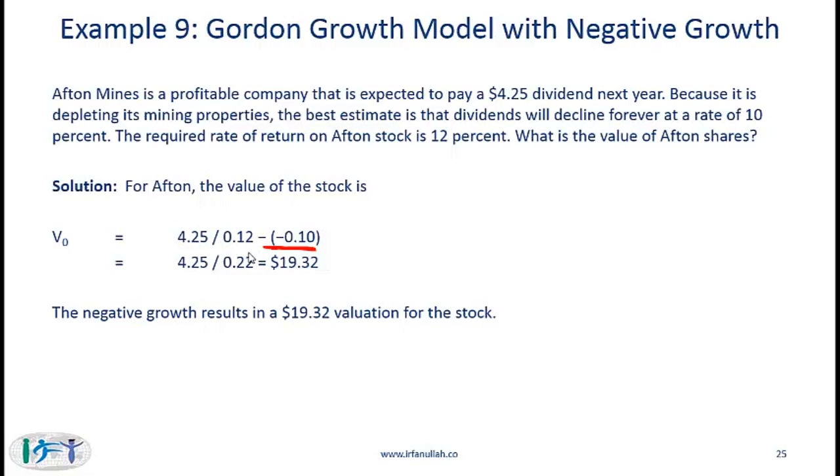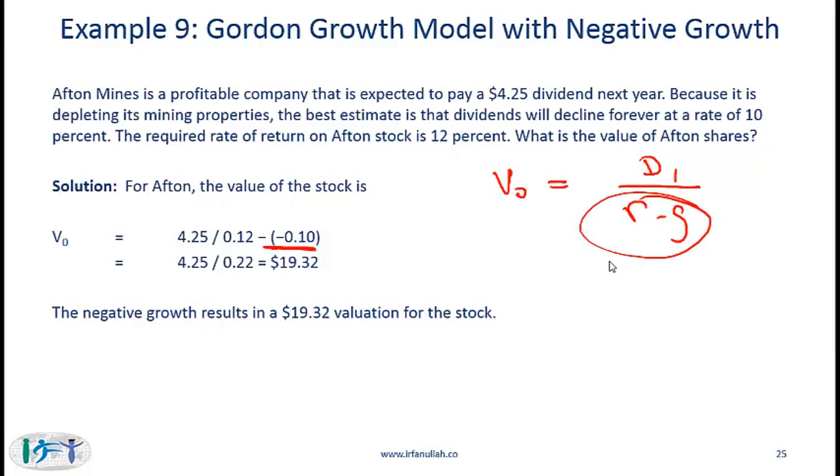So this also emphasizes a point that you should know intuitively, and I'll make that point and then demonstrate that with this particular example. According to the Gordon growth model, your value at time 0 is D1 over R minus G. Given a particular D1, your value will be high if this denominator is relatively small.